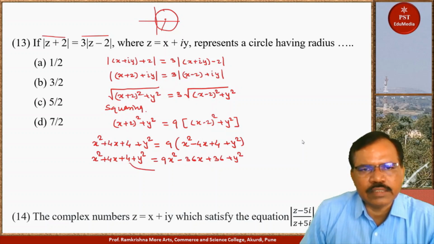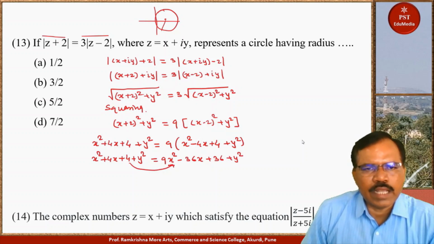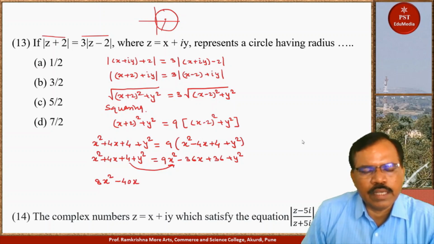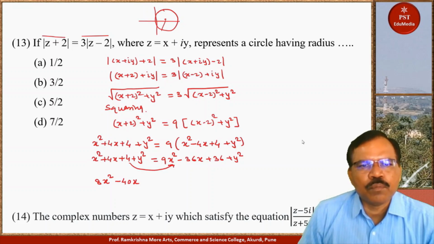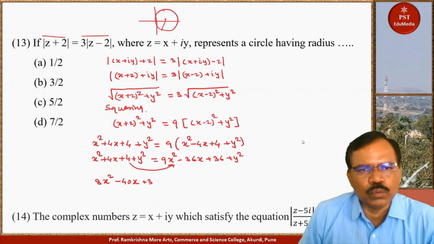Now if we bring this on this side, so 9x square minus x square will get 8x square, minus 36x minus 4x will get minus 40x, plus 36 minus 4 will get 32.